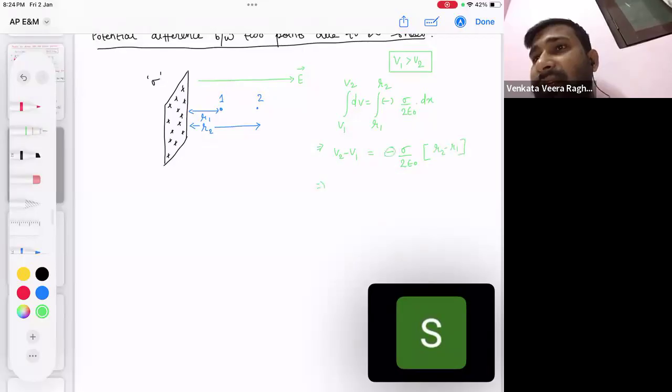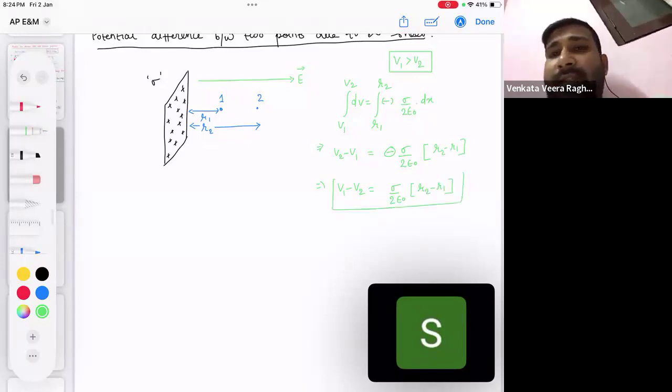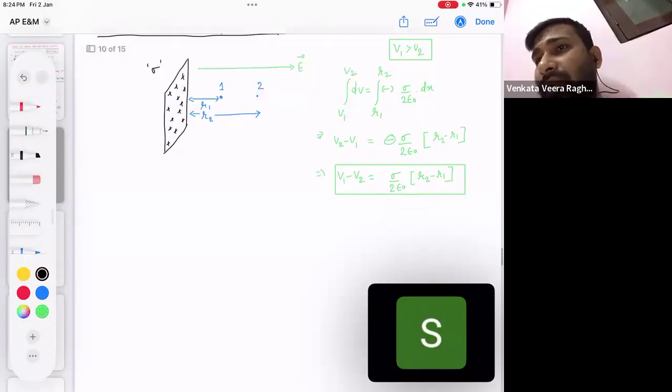Sending the minus to the other side, it becomes v1 minus v2 equal to sigma by 2 epsilon naught times r2 minus r1. And r2 minus r1 is nothing but the separation between the 2 points 1 and 2, isn't it?